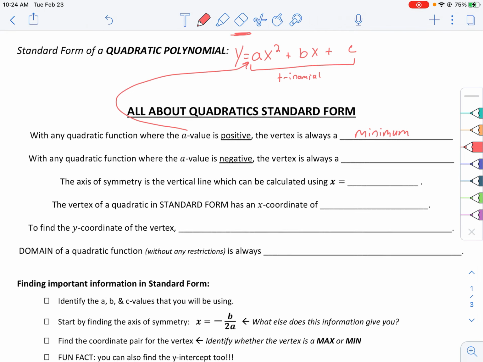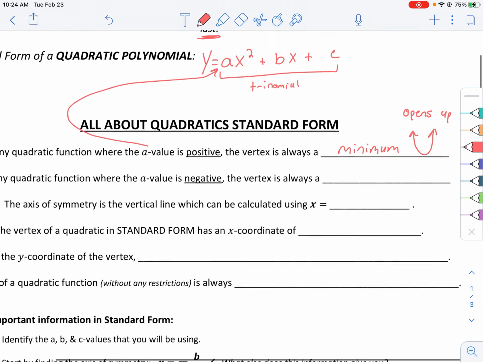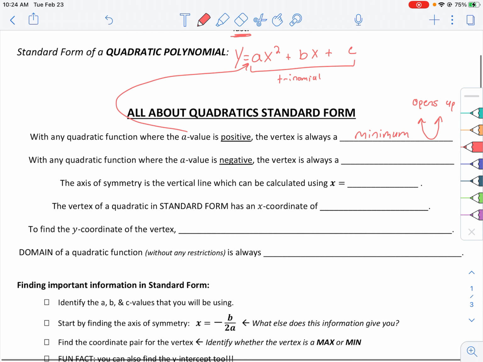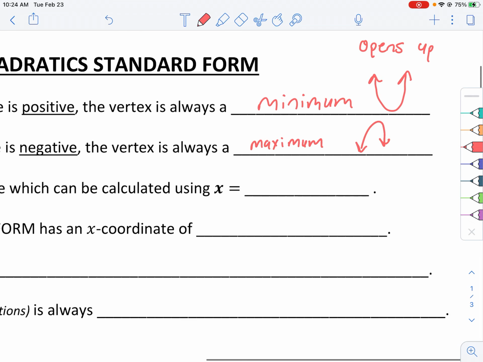All right, and that's because if the a value is positive, the graph opens up. Versus with any quadratic function where the a value is negative, the vertex is always going to be a maximum. And that's because it opens down.